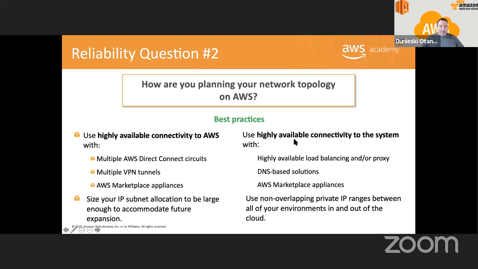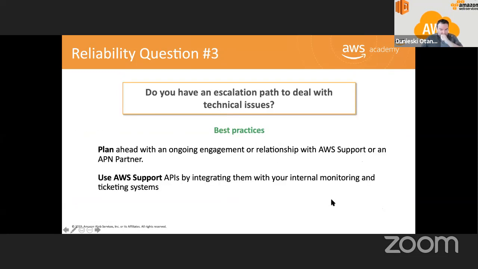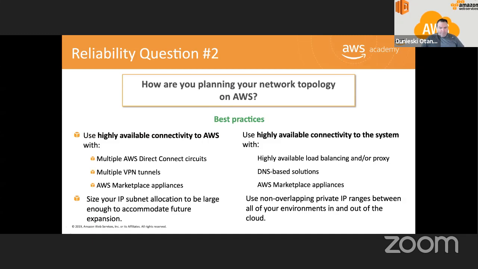Okay, use highly available connectivity to the system with highly available load balancing and proxy, DNS-based solutions, AWS Marketplace appliances. Use non-overlapping IP addresses. Of course, you know that already. We spoke about that with VPC subnetting. You cannot use overlapping IP addresses.